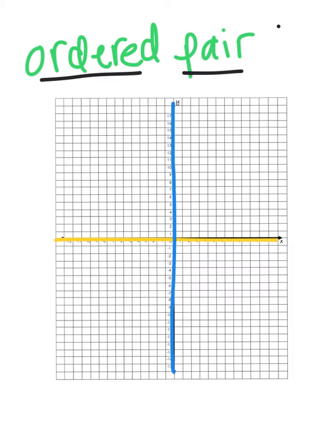It tells you where the point is going to go. So let's say I'm going to make the ordered pair of 2, 10. This is an example of an ordered pair, 2, 10. It's going to tell us what point on the graph we will find point A. So we're going to find point A.